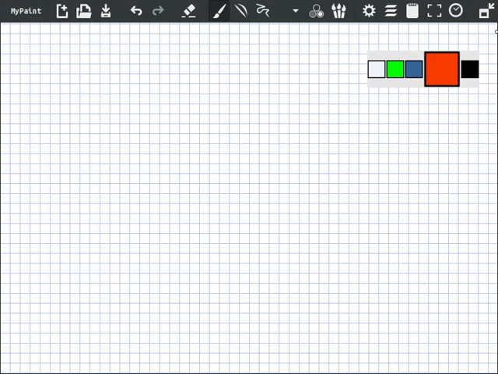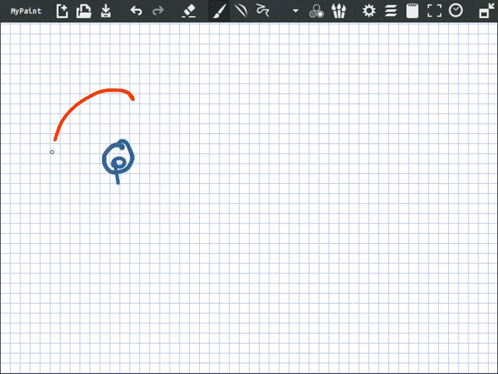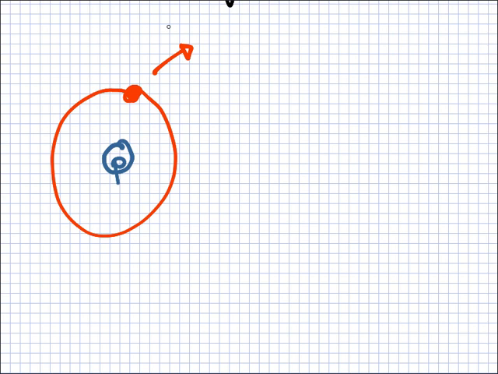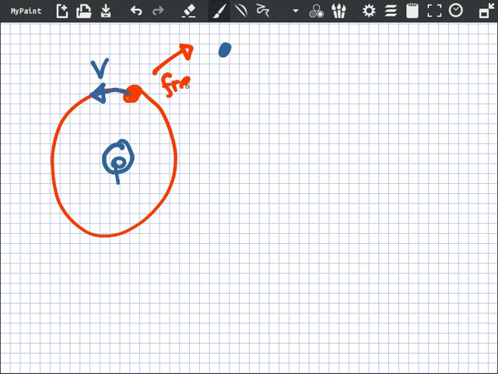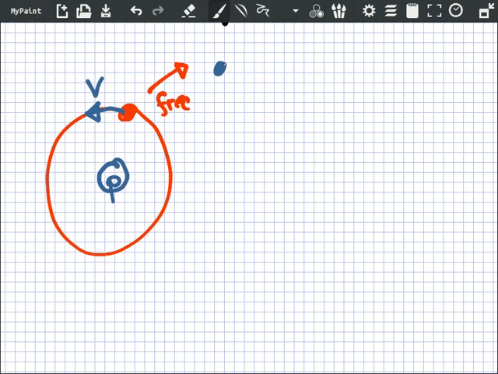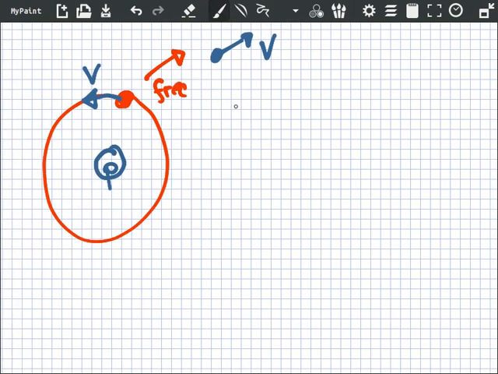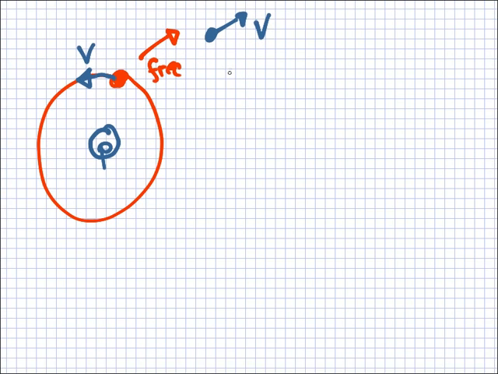So in this story here, you have a proton and you have an electron here, and you want to free the electron, and this is called ionization energy.